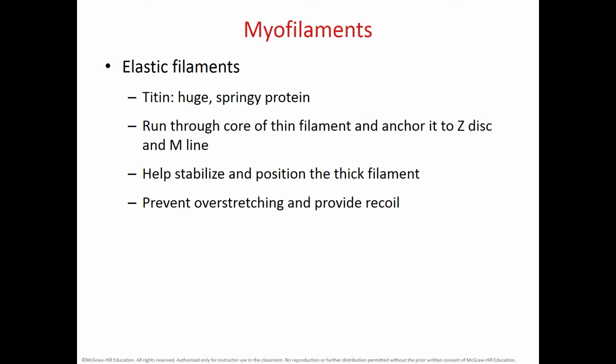So in the actin, these actin filaments are going to be anchored to the edge of the sarcomere into the Z disc, and the thick filaments in a line that we call the M line. And this will help to prevent the thin filament from getting stuck to the thick filament. So this elasticity, which is bringing back these thin and thick filaments into place, prevents the overstretching and provides recoil.